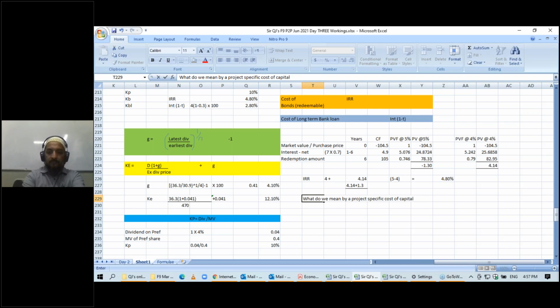First, remember one thing, that there is a formula for the capital asset pricing model. Let me show you the formula.